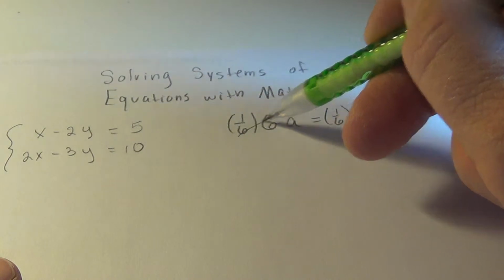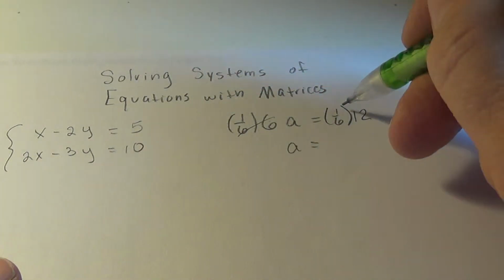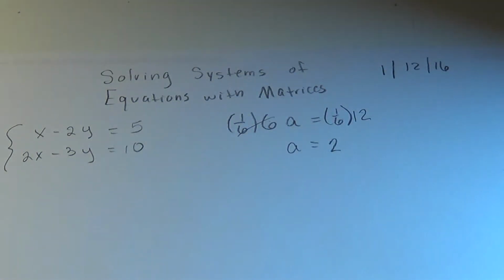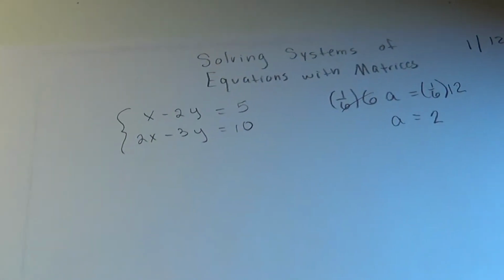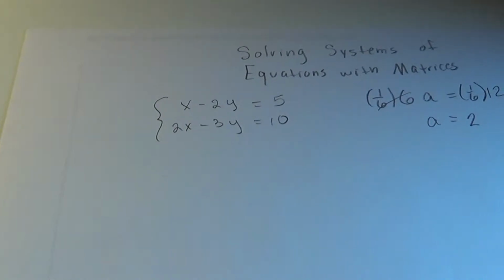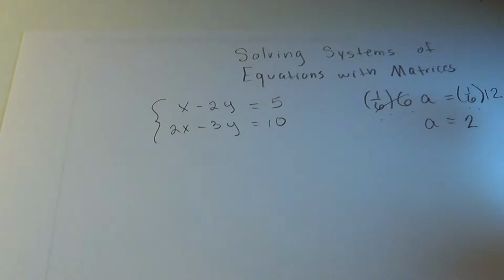So that creates a 1a, or just an a, on the left, and 12 times 1/6 is a 2 on the right. So that's the idea with matrices as well. We're going to find that multiplicative inverse and multiply both sides by it, just like with the numbers in the simpler algebra problems that we've seen.